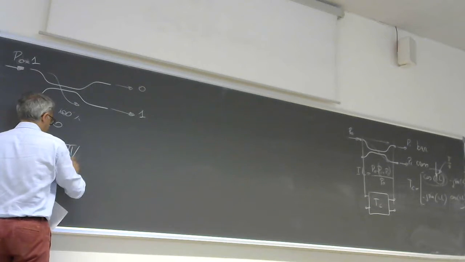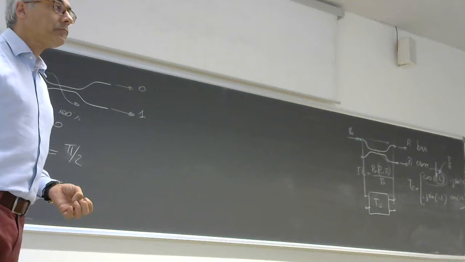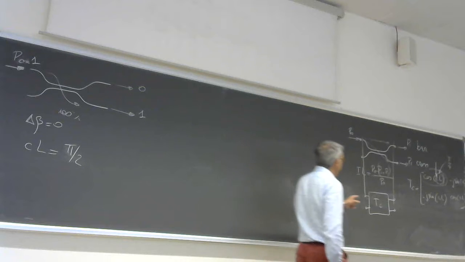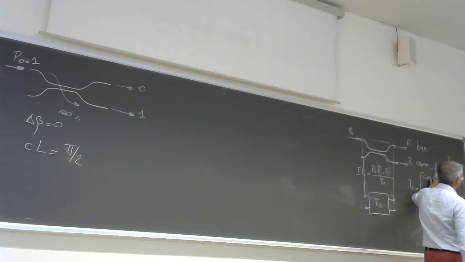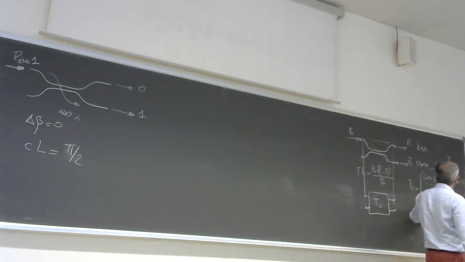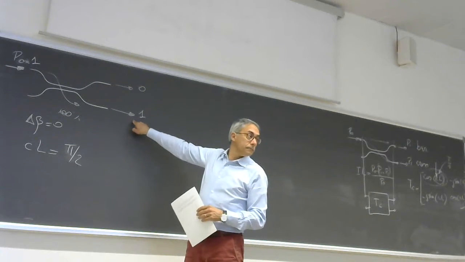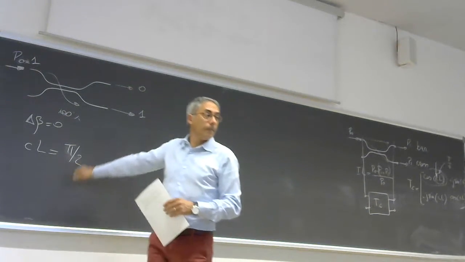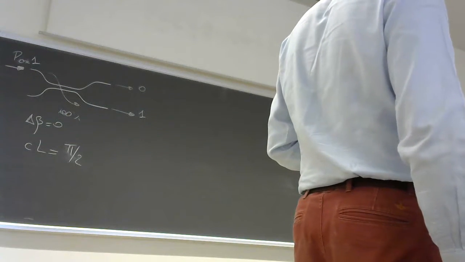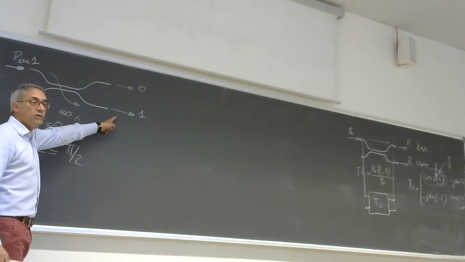If C multiplied by L is half pi, this term is equal to 0, and this is equal to 1. It means that you are exactly in this condition. Why is sine CL equal to 1? Why is this function of the matrix equal to 1? Because you wanted to realize this condition.